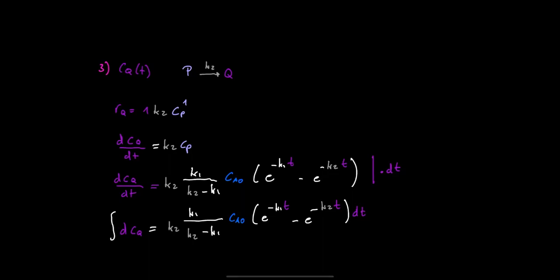So we integrate dCq from 0 to Cq, and on the right side we integrate with respect to time from t0, which is 0, to t.